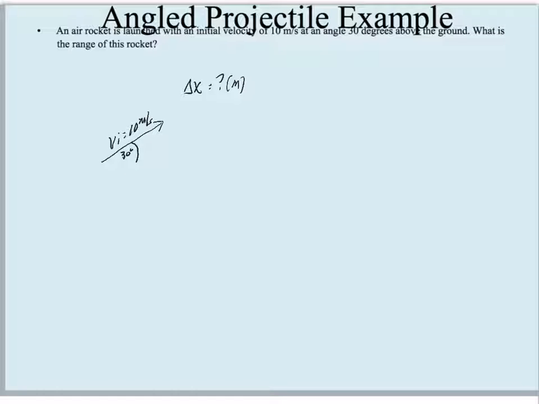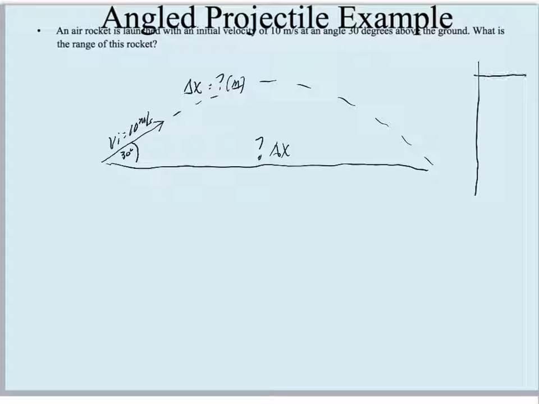So think about it. This rocket's going to go up into the air and hit the ground, and they're basically asking us what this distance is. Well, I think I mentioned already, when you are trying to figure out a projectile problem, you want to keep track of all of your data with a t-chart.